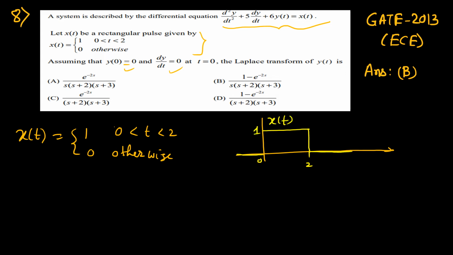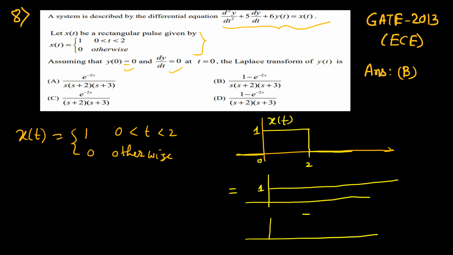So this one equivalently you can write: we can consider one u(t) signal, and we can subtract a u(t) signal starting from here. This is 0, this is 0 and this is 2. This height is 1.